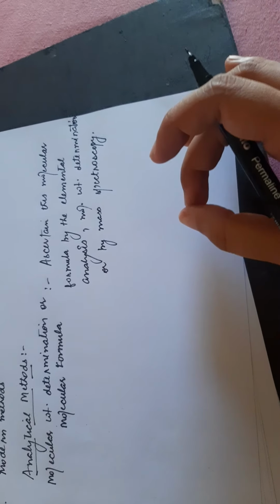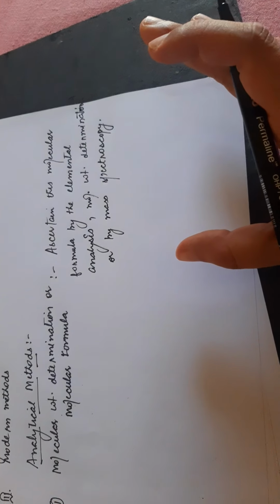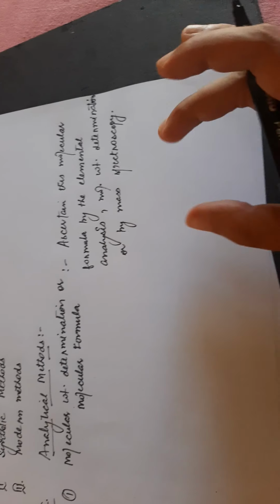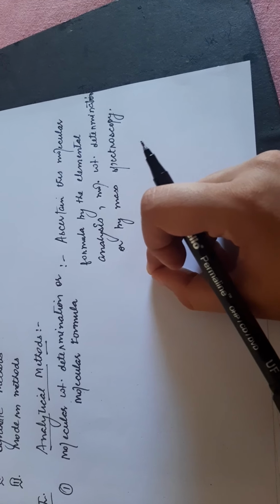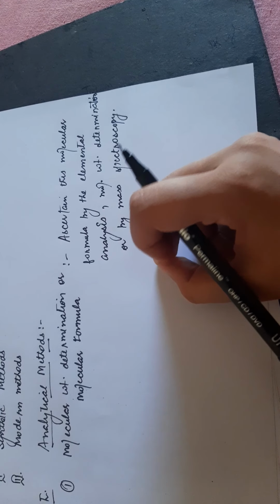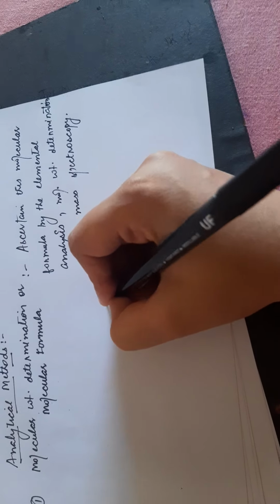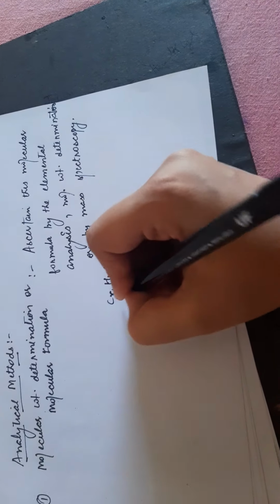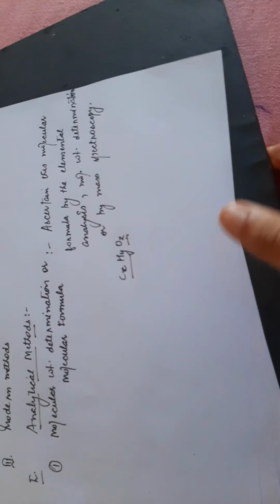So by elemental analysis, molecular weight determination, and mass spectroscopy, we can determine the molecular formula of our terpenoid. In this, we basically get how much carbon, how much hydrogen, and how much oxygen are present in our terpenoid. So we basically get the formula like this, where X, Y, Z can be anything.